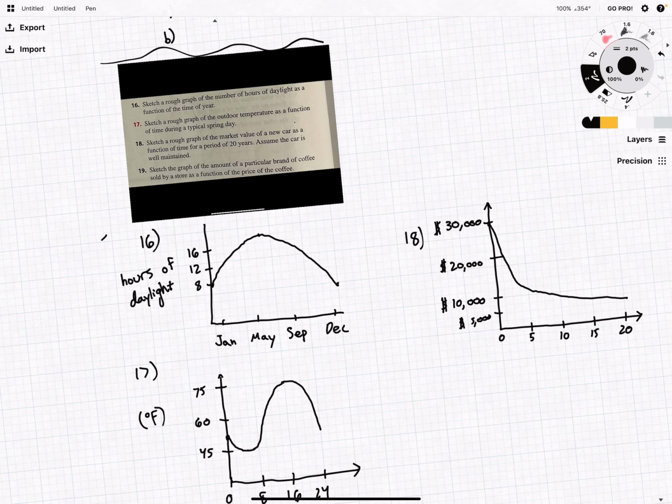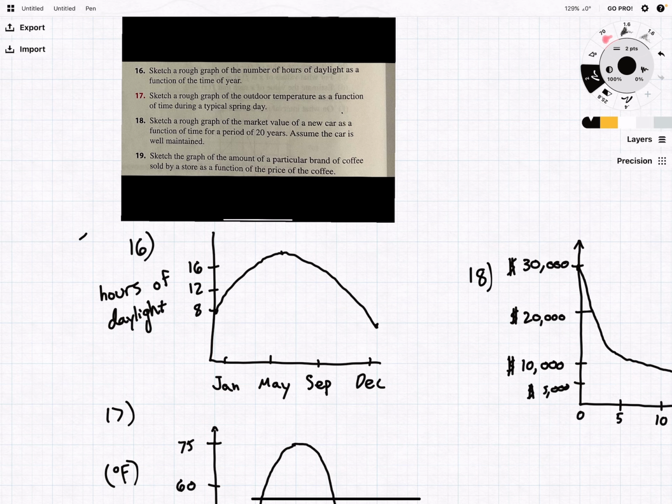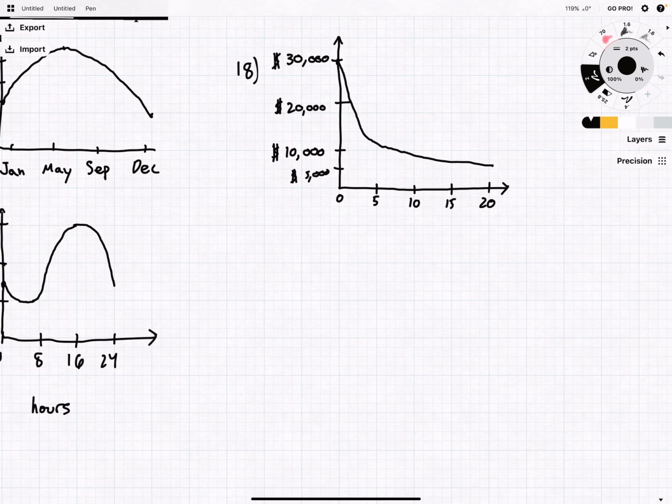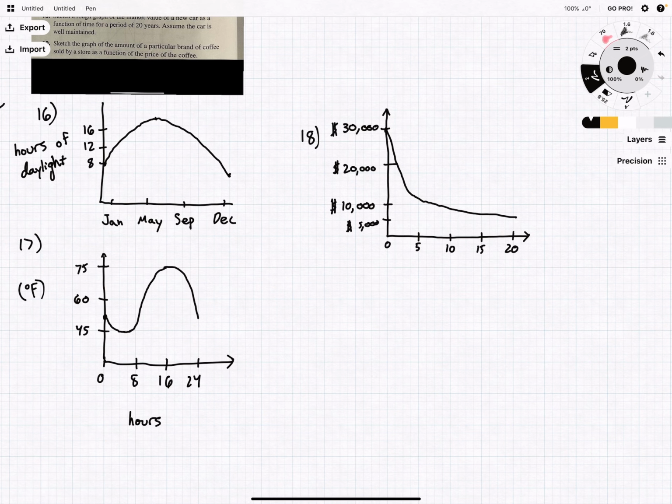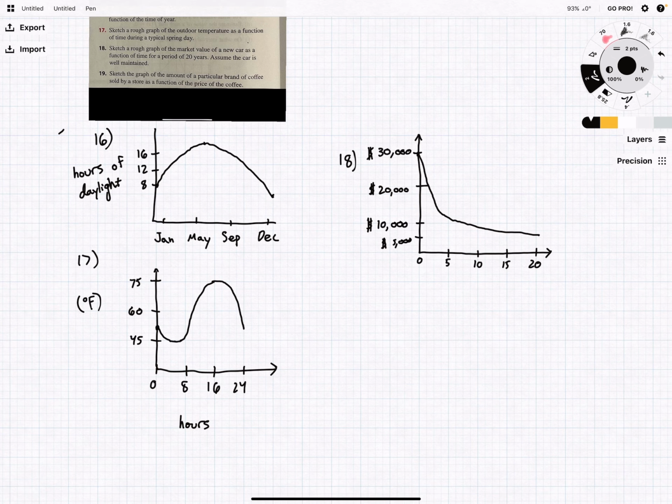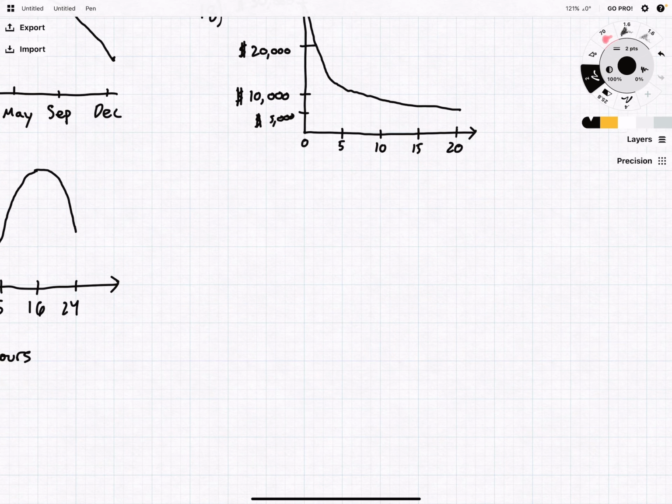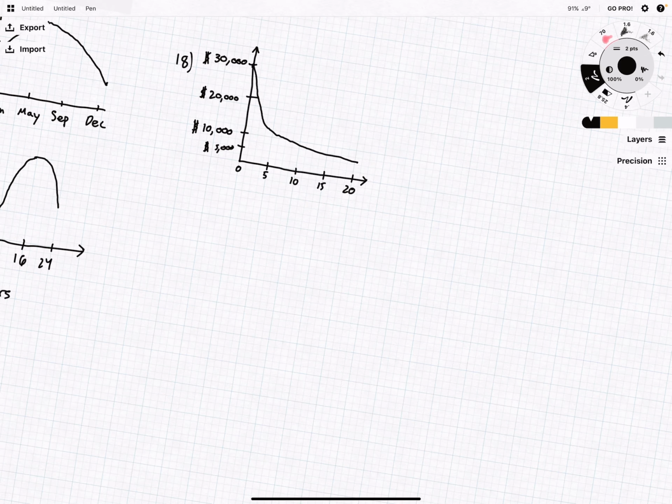And lastly, number 19, also an interesting case. Sketch the graph of the amount of a particular brand of coffee sold as a function of price. So wait, let's make sure we have that right. The amount sold as a function of price. Okay, good. I just don't want to do it backwards, right?